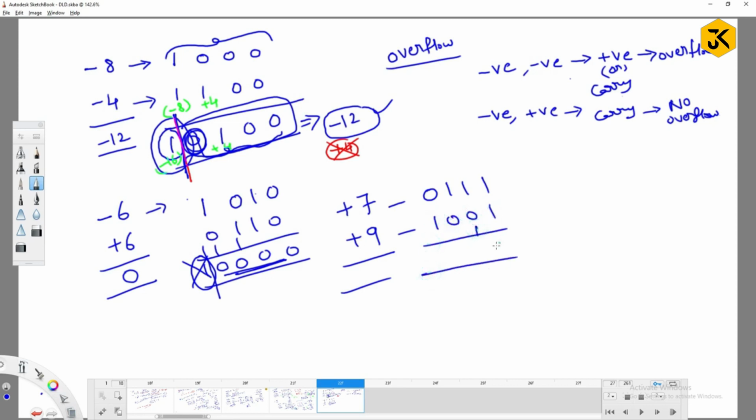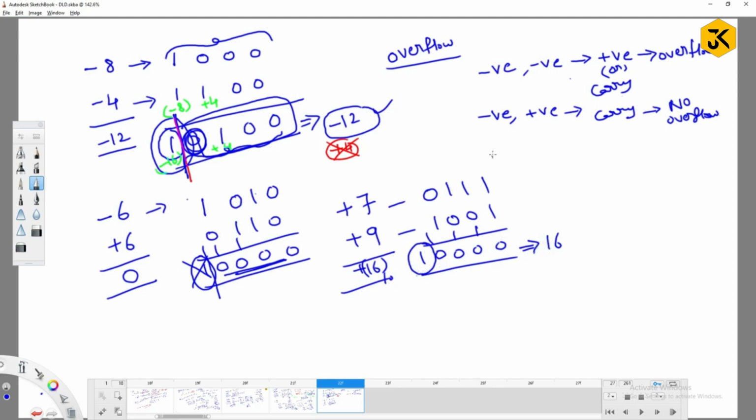Try to think, this is 10 10 10 10. What is the value you need to have? 16, right? So if you consider the total, is it 16 or not? Yes. Meaning that here there exists an overflow, meaning that you have to consider that extra bit also. If you consider the extra bit, you will get the result.